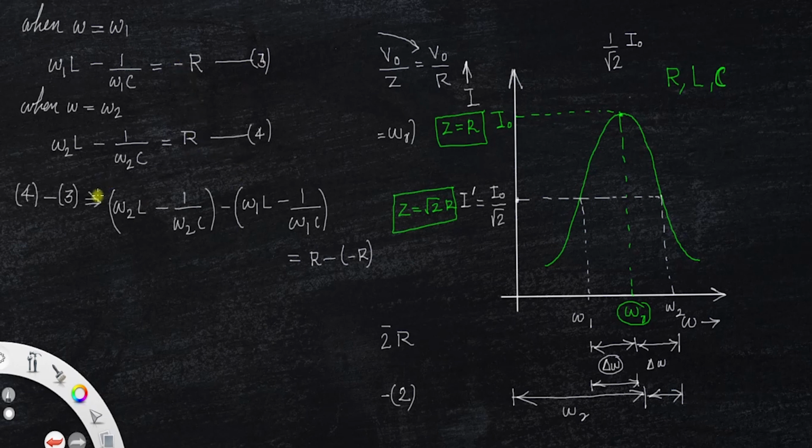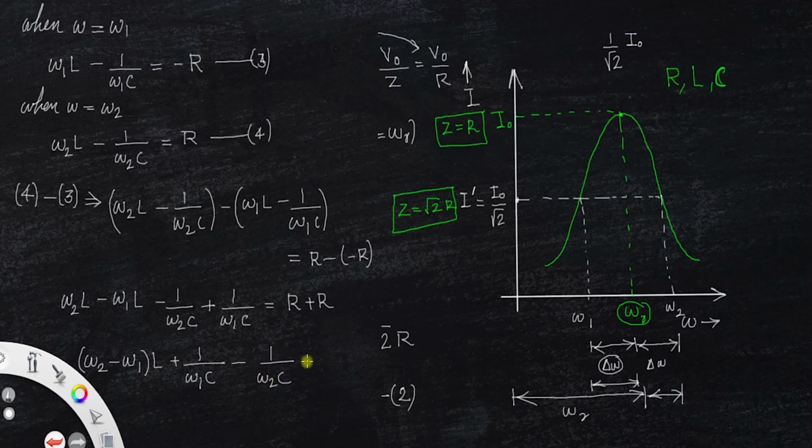So this can be simplified as omega 2 L minus omega 1 L, and minus and minus will become plus, so minus 1 by omega 2 C plus 1 by omega 1 C, equal to R plus R. This can be rearranged by taking L common: (omega 2 minus omega 1) times L plus, let's first write this one, 1 by omega 1 C minus 1 by omega 2 C, is equal to R plus R, which is 2R.